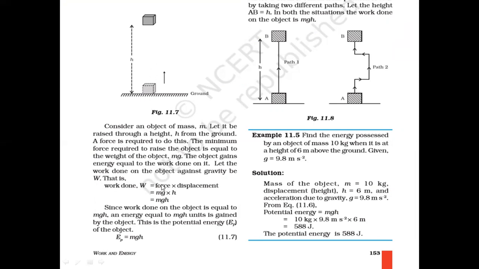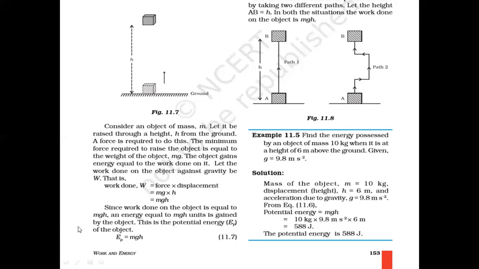We know the expression force equals mass into acceleration. And displacement means the distance which the object covers. The object is at the ground and it is moving to another level, so it is acquiring a height h. So we get the expression mgh.